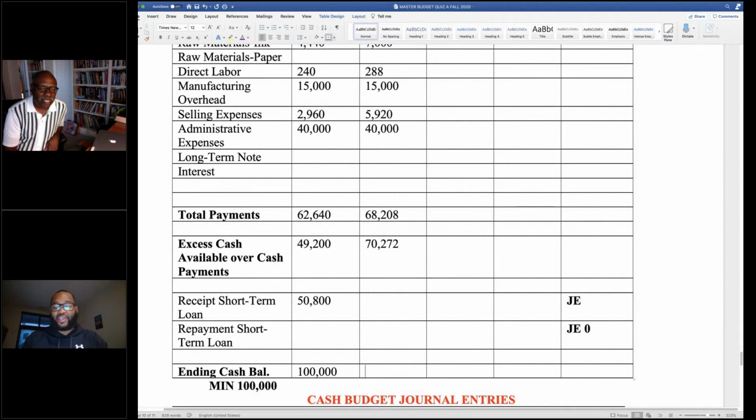Oh, Angela was doing it. So we know the bottom number's got to be 100,000. So how much do we got to borrow? All it is, you got to borrow 29,278.